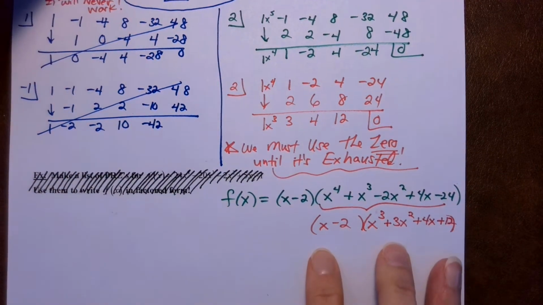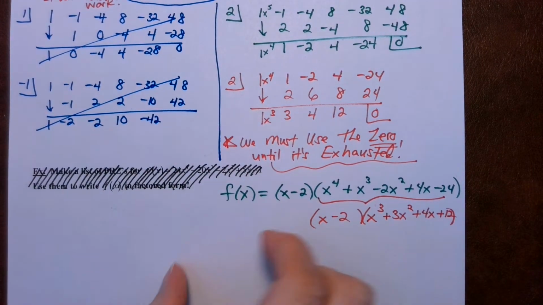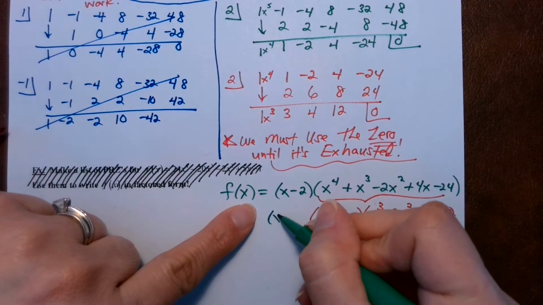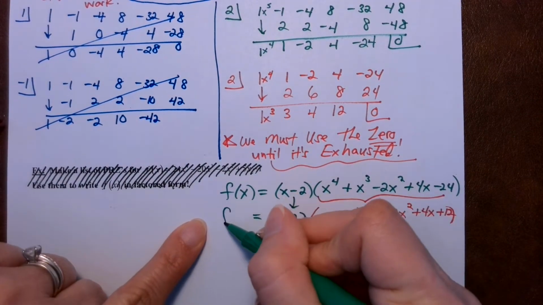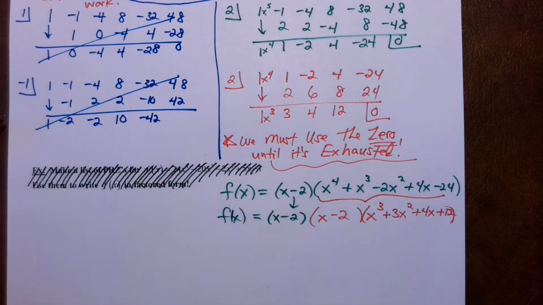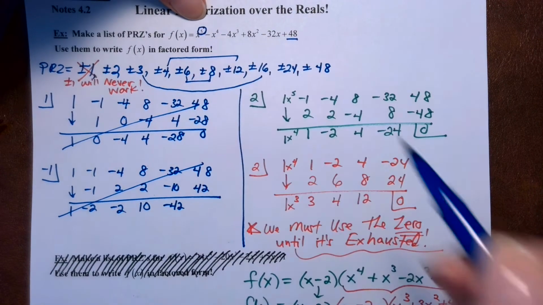Now what I really want people to do right here, this is not good. It's not complete. We have to write the factor that we found before. We have to write our equal sign and our f of x. Let's just do a quick check. When this problem started, he was a 5th degree polynomial.